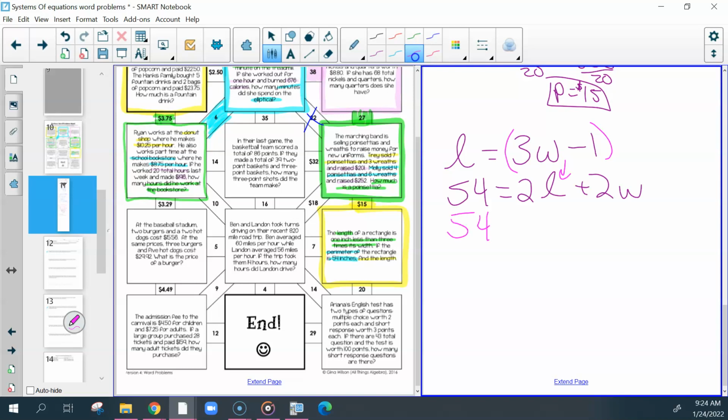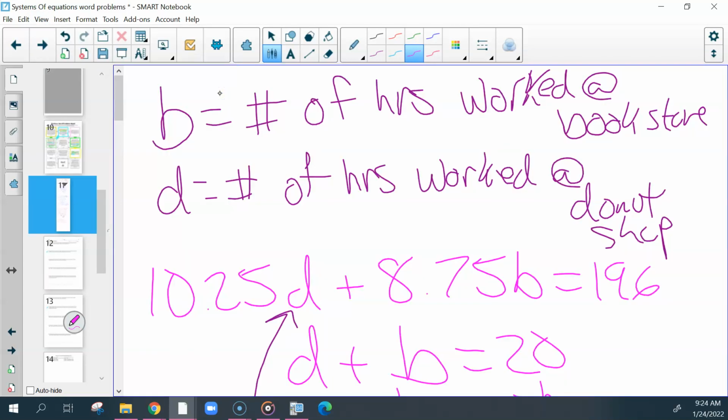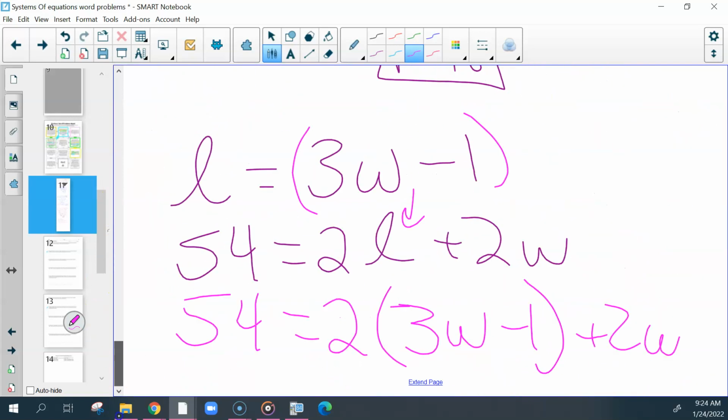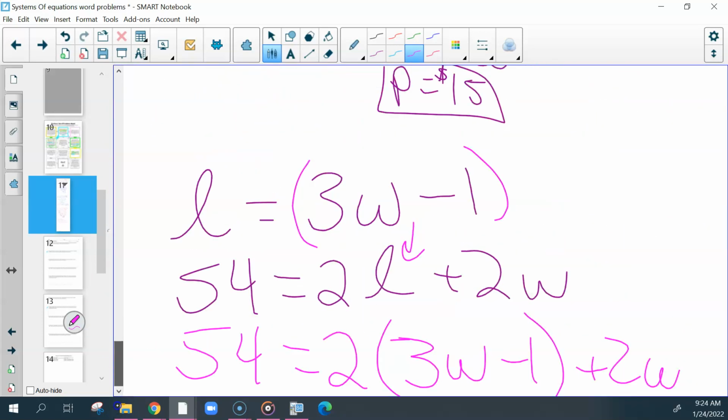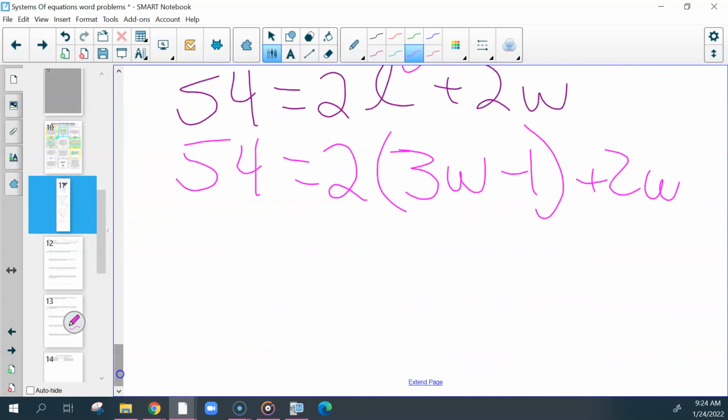So this will be 54 equals 2 times our 3W minus 1, plus 2W. And then we can solve for W.